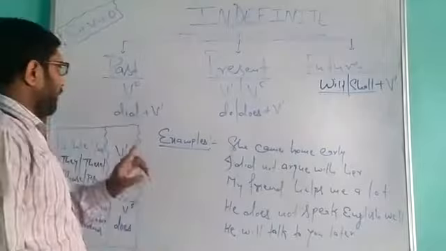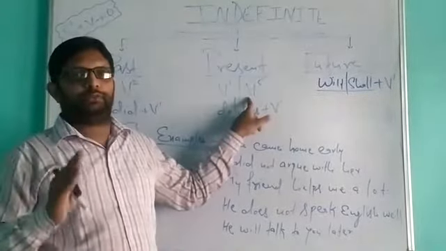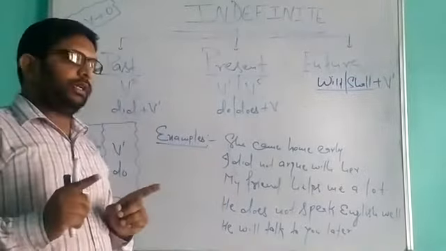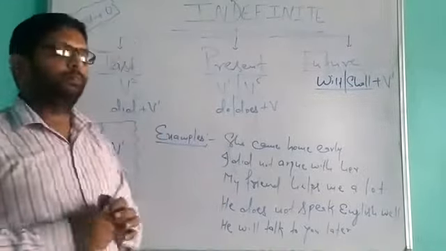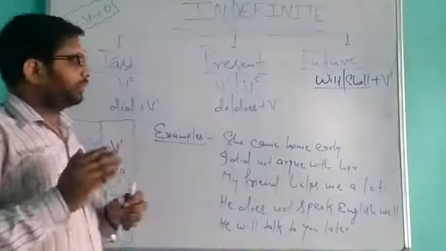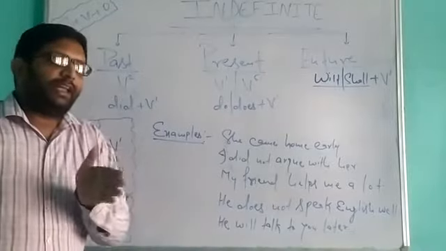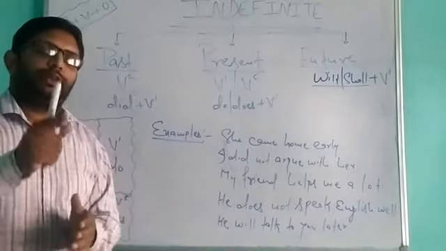Let us have a look at past indefinite and present indefinite at the very first. These are the two tenses in English which do not require any auxiliary verb in their positive sentences.